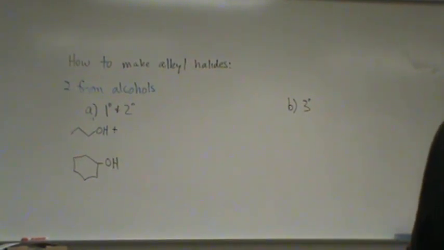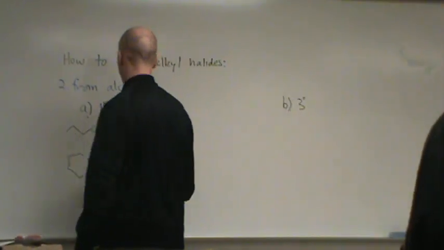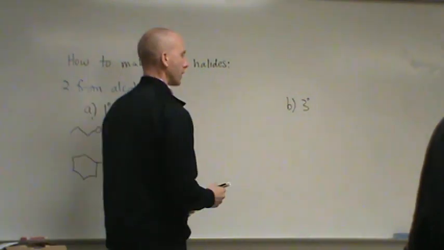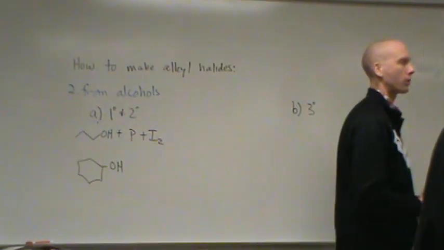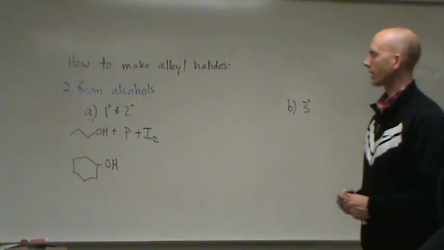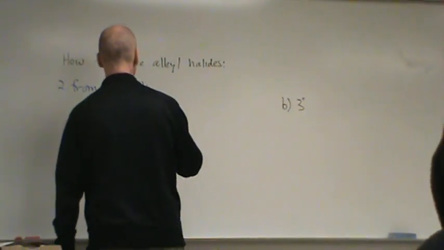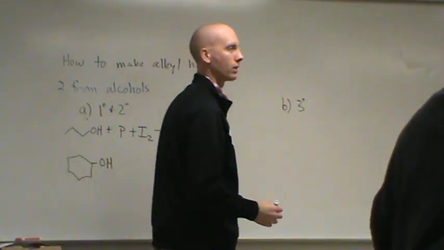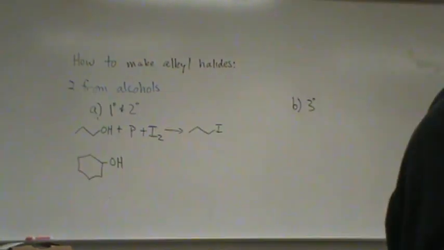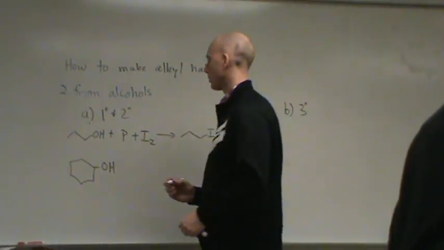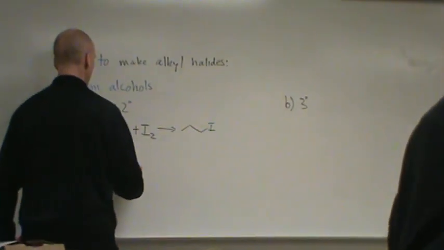How do we put on the iodide? Well, let's stick with these two molecules. This time what I use is a mixture of phosphorus and iodine, and that mixture will substitute the iodide for the OH. Same thing down here on this secondary alcohol.